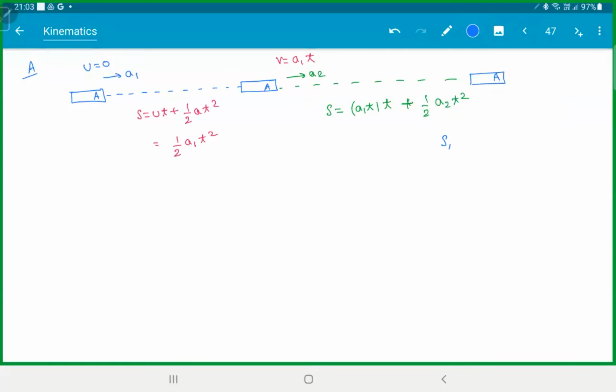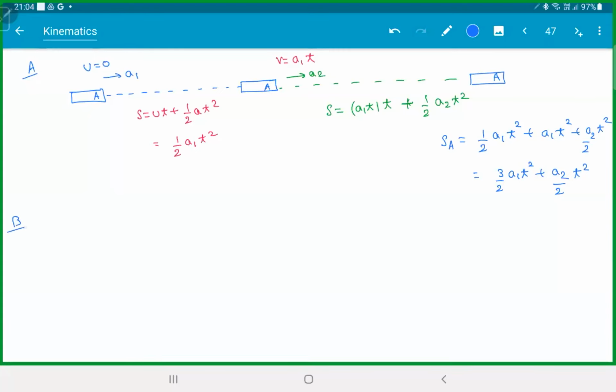So the total distance traveled by A will be half a1 t square plus a1 t square plus half a2 t square, which is 3 by 2 a1 t square plus a2 by 2 t square. Please check. After the first time t gets over, the train has gained some speed. So in the second half of the motion, the initial speed is not 0. That's a mistake you made, and that's the reason you got 1:1.